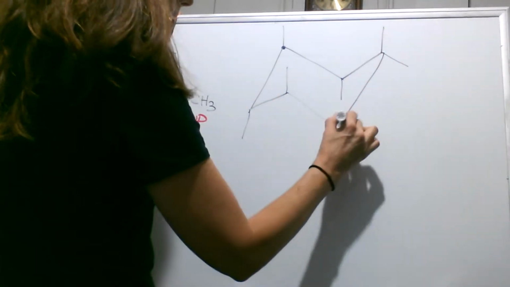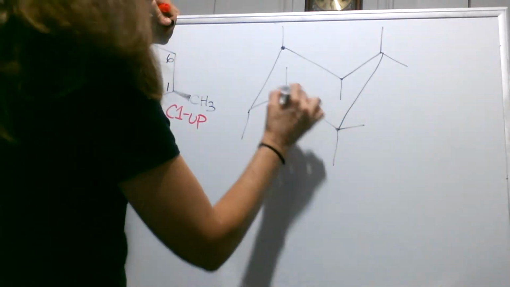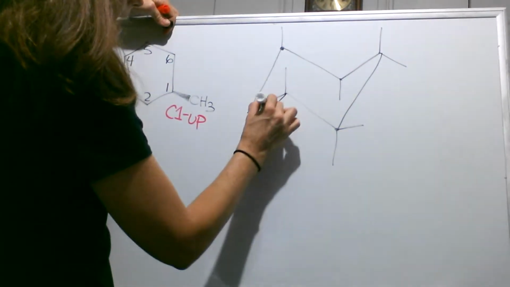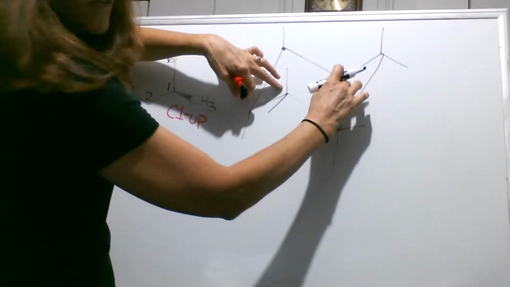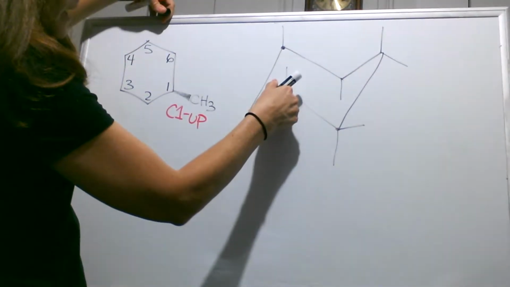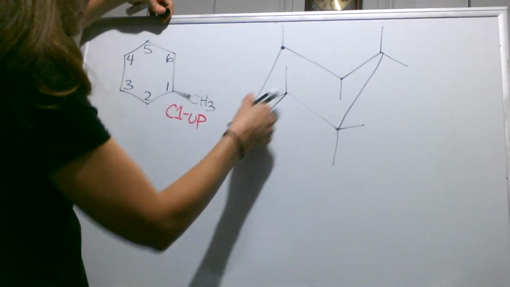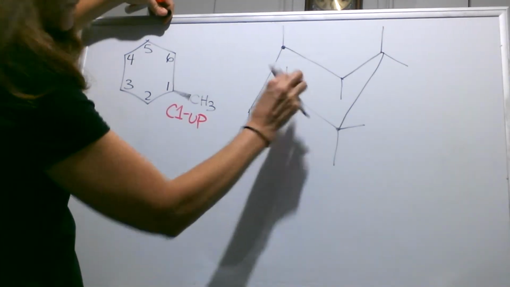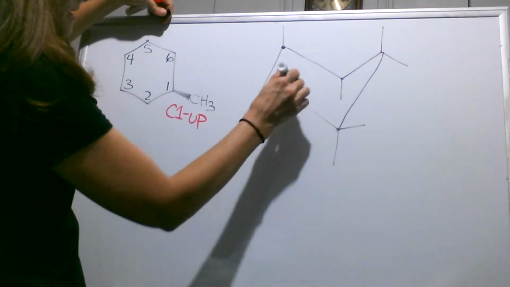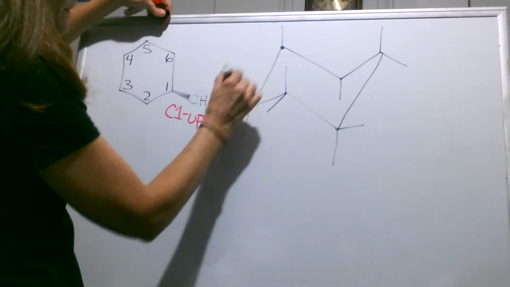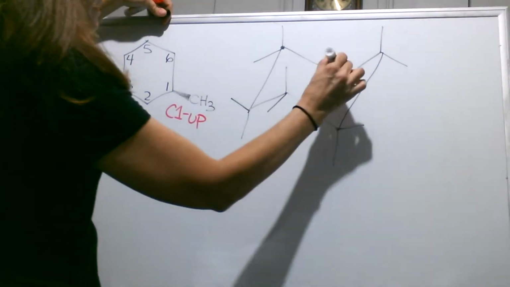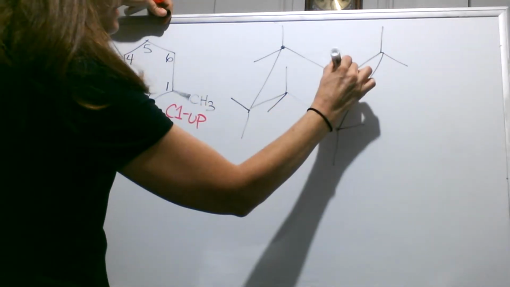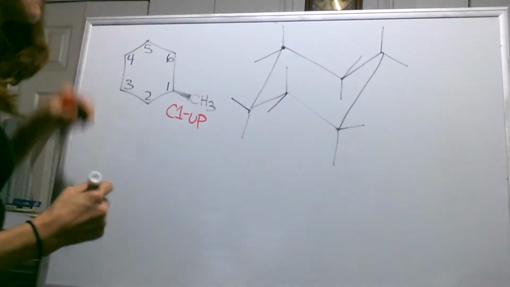If this one is down, this one is up. This one is down, and for these that are sitting in those V's, the equatorial bond will point towards the closer carbon. In other words, it points here, not here. Coming over here, since this one was down, this one is up, this one is down, this one is up, pointing towards the closer carbon, like that.